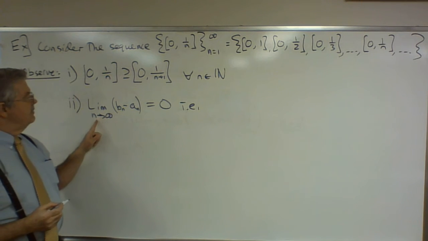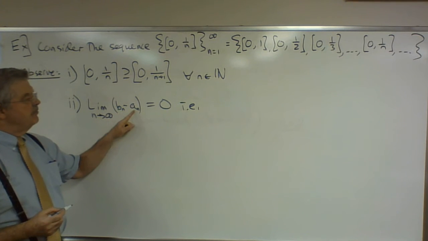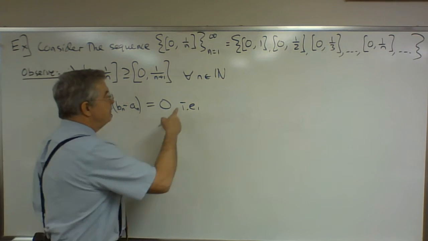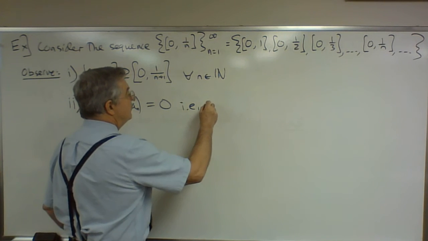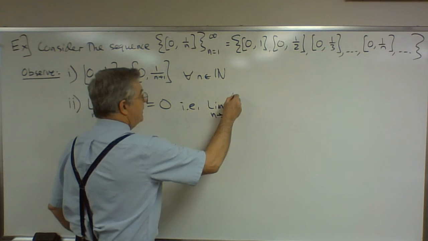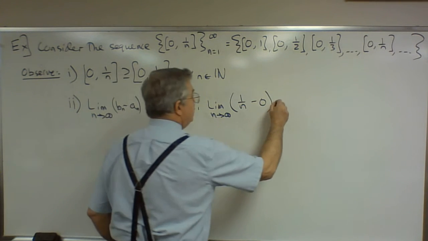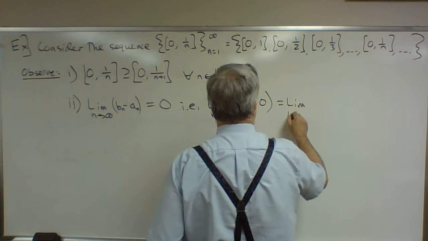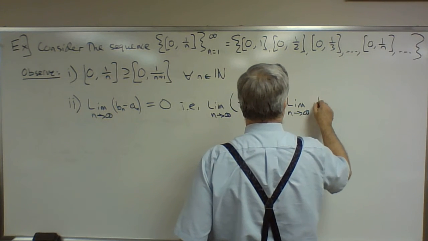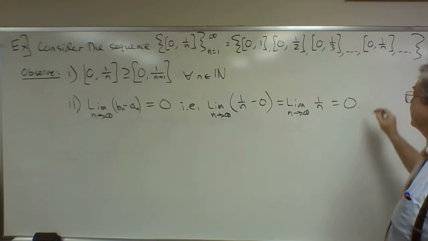We're saying the limit as n goes to infinity of the right endpoint minus the left endpoint is 0. So right endpoint minus left endpoint equals 0.